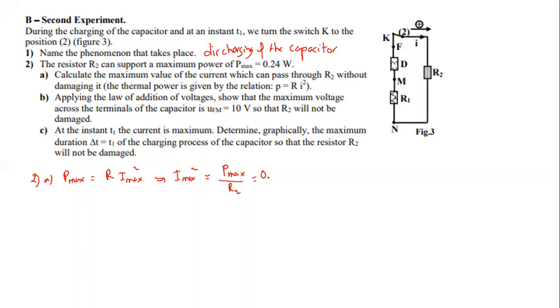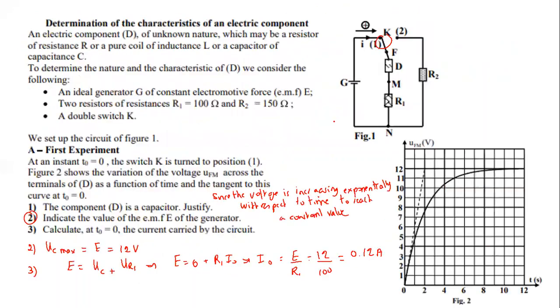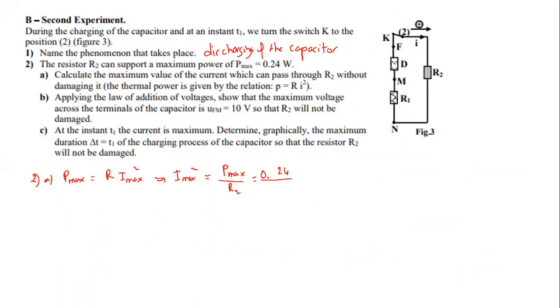So it's 0.24 over R2, which we already have, R2 equals 150 ohm. So it's over 150. Then we'll get by square root that i maximum is equal to 0.04 ampere. This is the maximum current that can pass through R2.